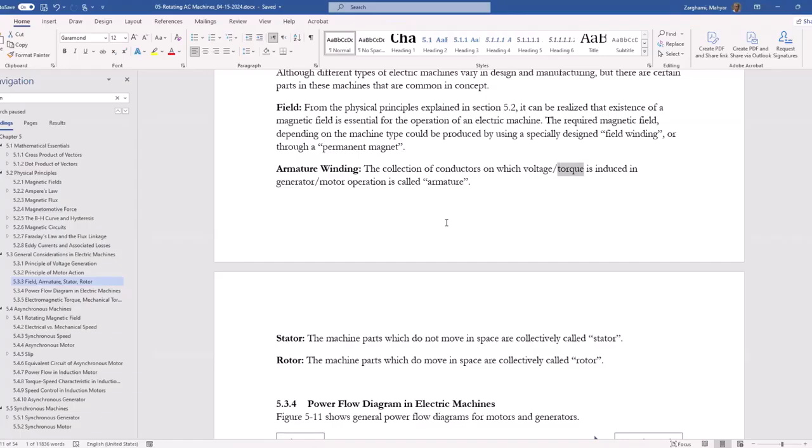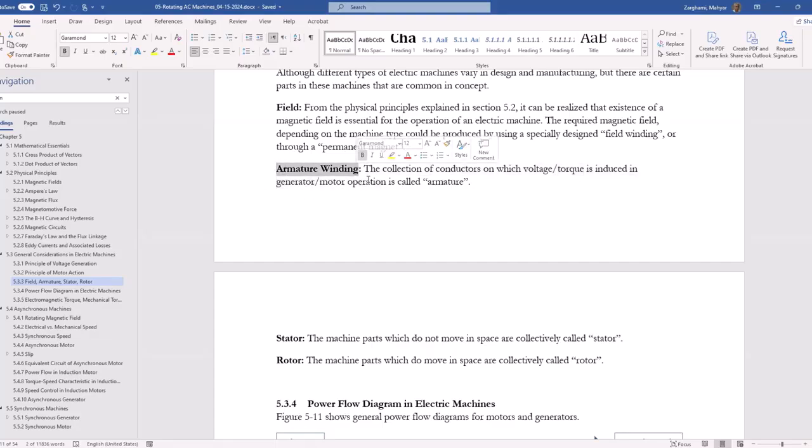So electric machines have two types, motor or generator. If they're a motor, there would be somewhere that rotates, and that rotation is because of the induced torque. Now, armature winding is where that torque would be induced.